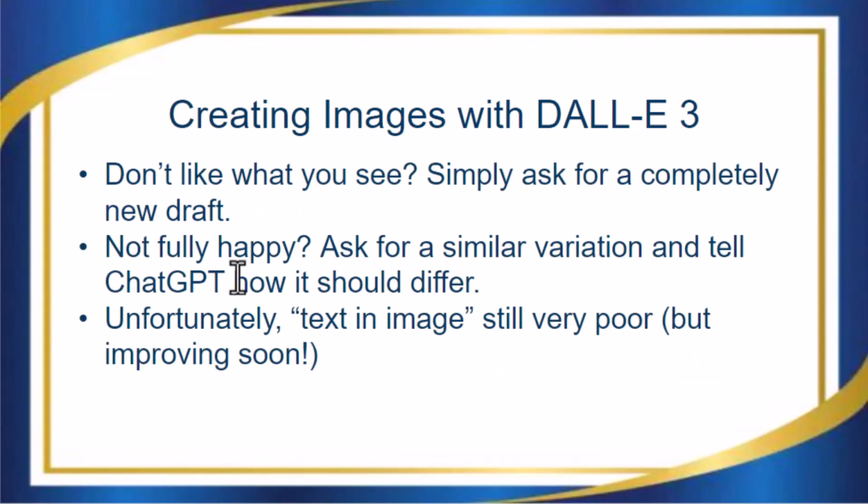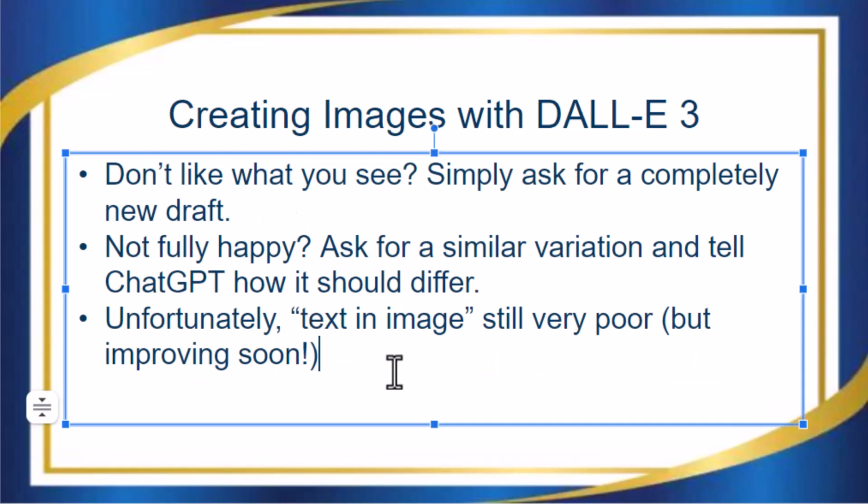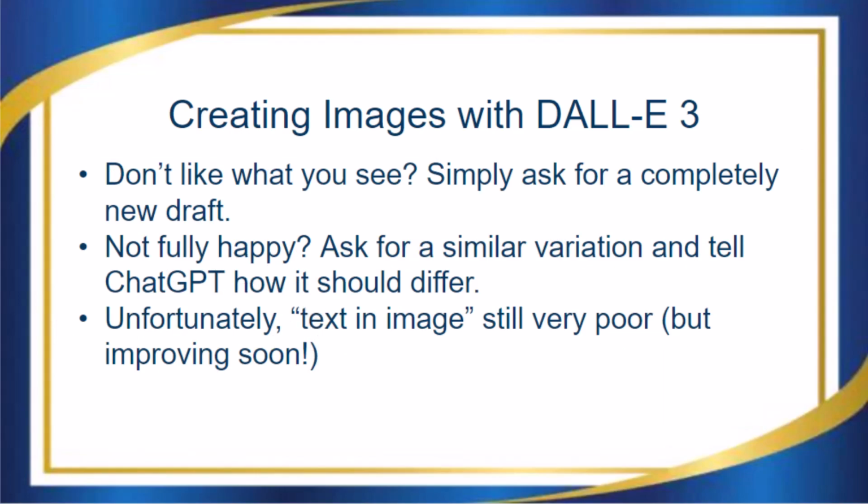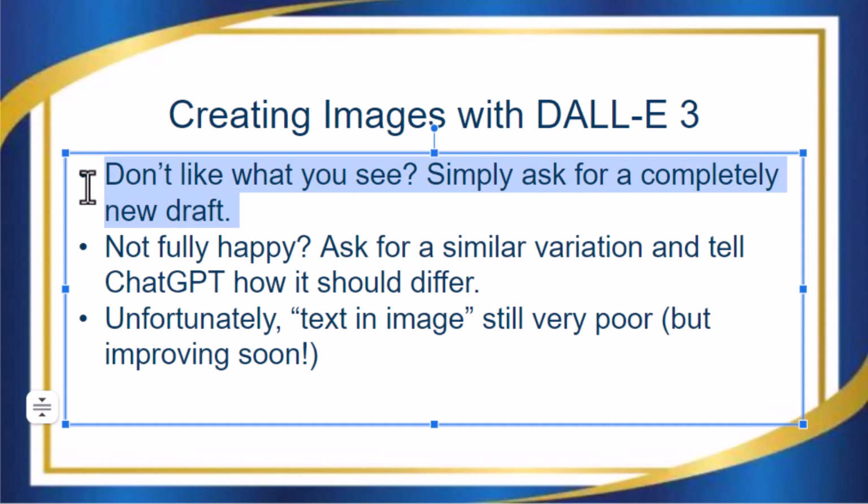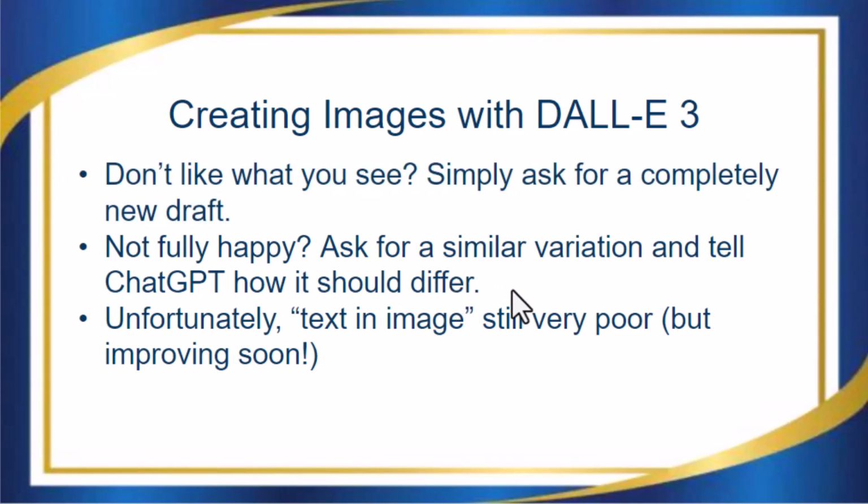Okay, so again, remember this is an iterative process. You don't have to get the best draft right away. Don't worry. If you don't like what you see, you can ask for a completely new draft. If you're not fully happy, you could just ask for a variation and tell ChatGPT exactly what you would like to have different.